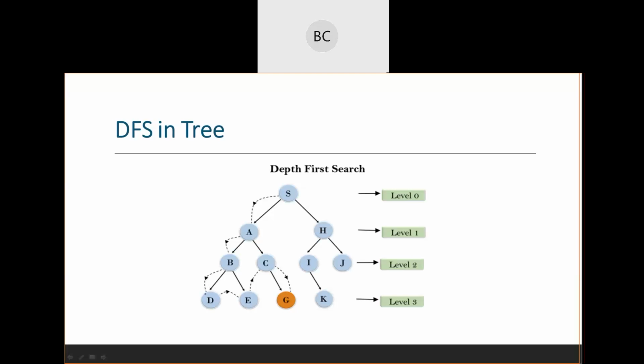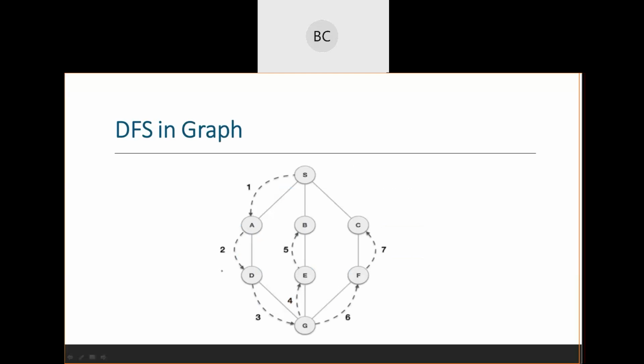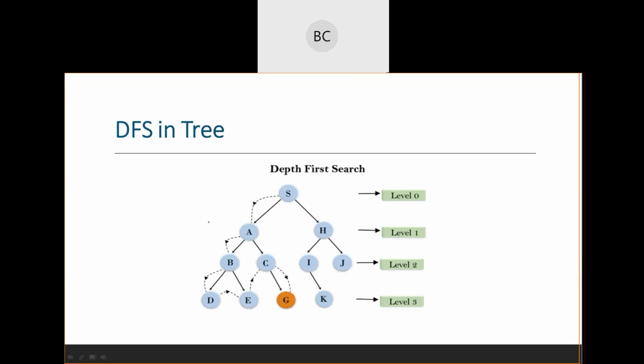Once you reach D, you will go back to B. B still has an unexplored node, which is E. From B, since this is already visited, you will come to E. Once you reach E, it is again a leaf node.